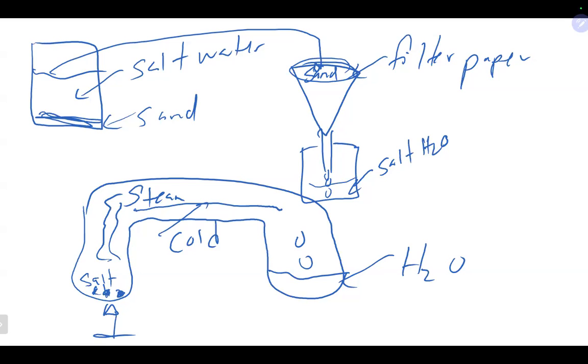And now we have successfully separated out the salt from the water. And now we have all three of our components in this mixture. We have the water in its liquid form like it originally came. We could let the salt dry out. We would have the salt in its original form, and we have the sand in its original form. Any questions on that? This process here is what's known as distillation.